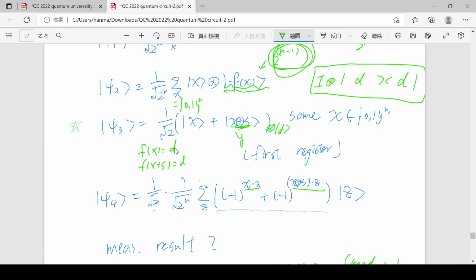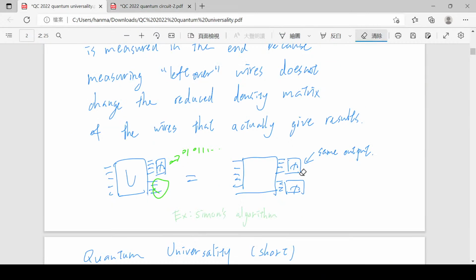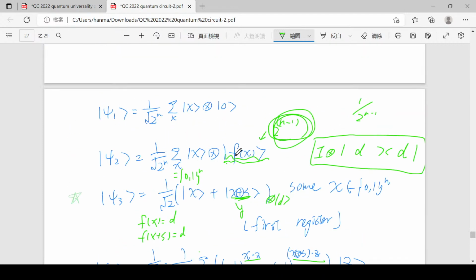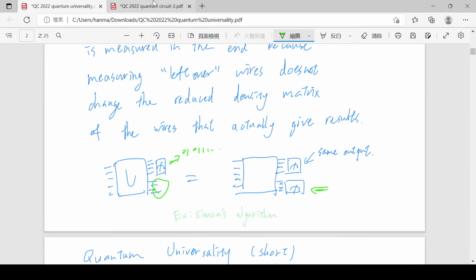We condition on the measurement result being d here. Then we project the state up here to something very simple. We have this weird formula, and after we condition on measurement result d, the first few registers are just the x plus s state. So this can also be useful in analysis.